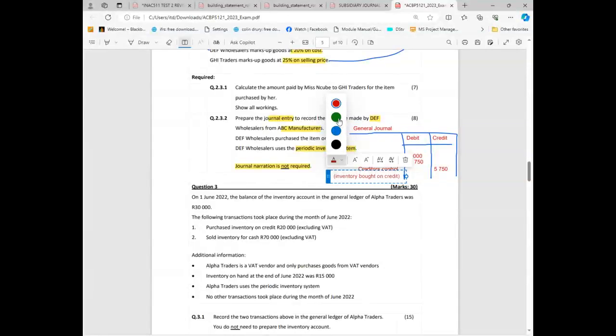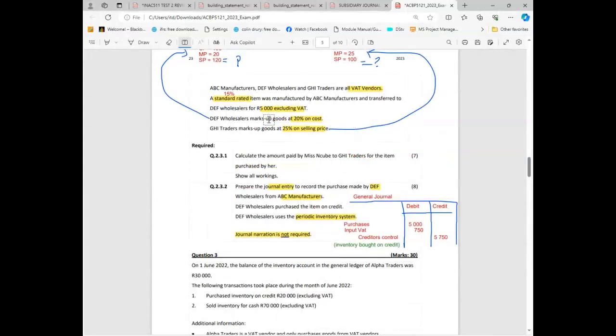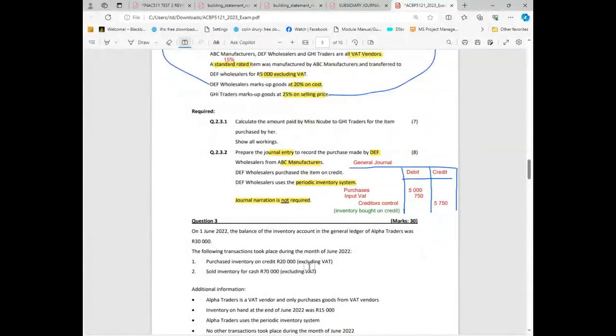Anything that makes sense. It doesn't have to be the way I wrote it. This is the narration. If they didn't say anything, you must write it. You were supposed to write inventory bought on credit, anything that makes sense, as long as it's related to the transaction they told you up there. This is the narration that they said you must ignore.